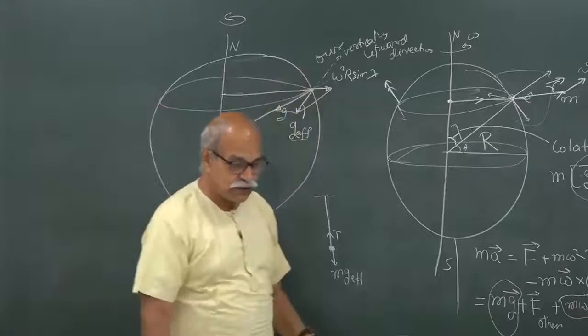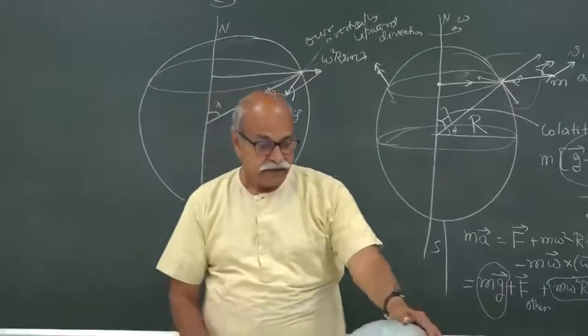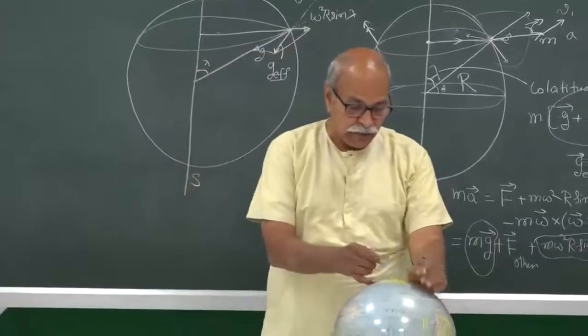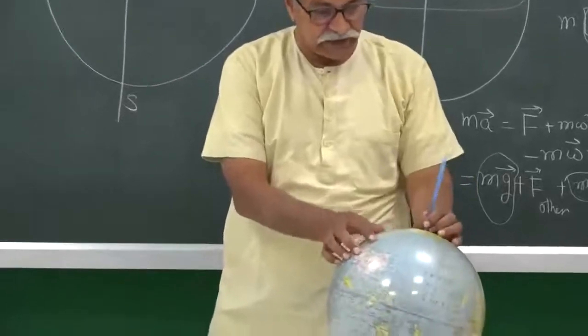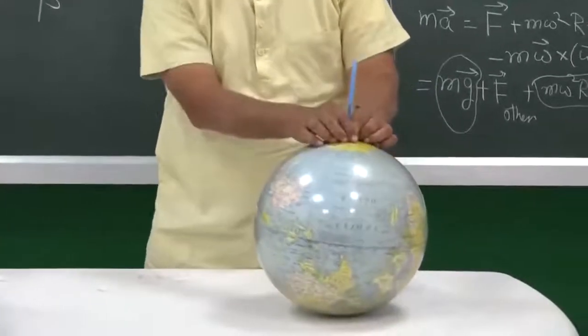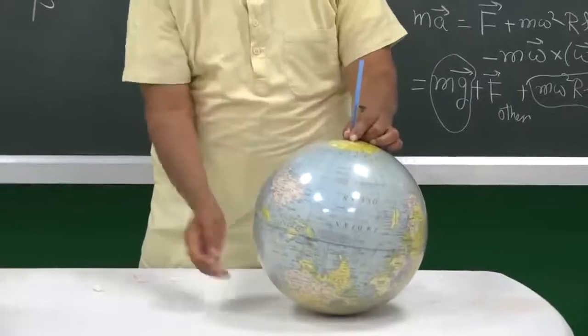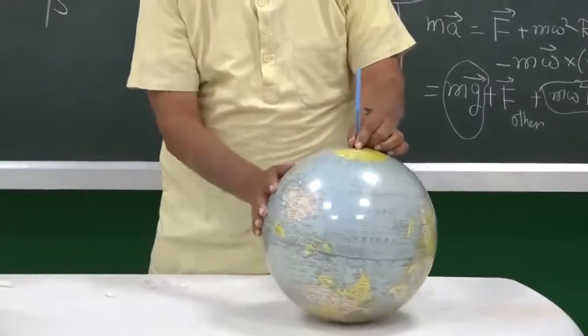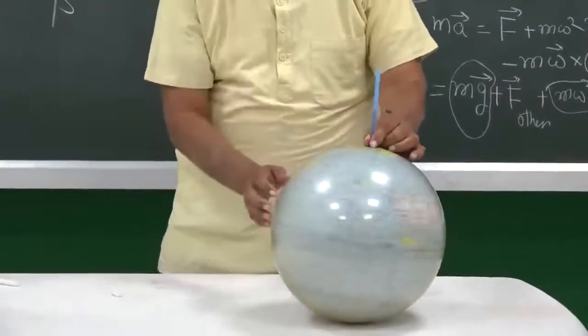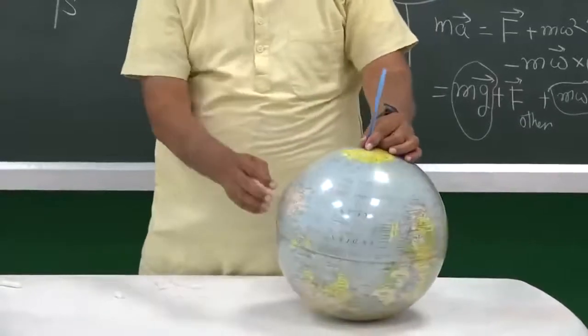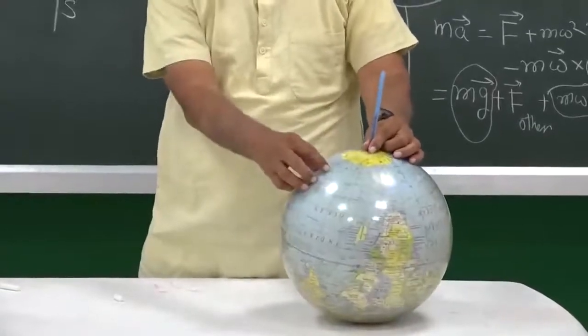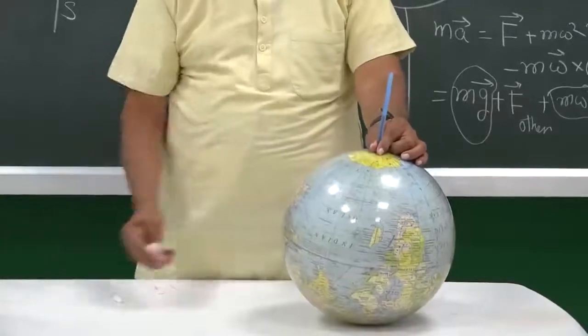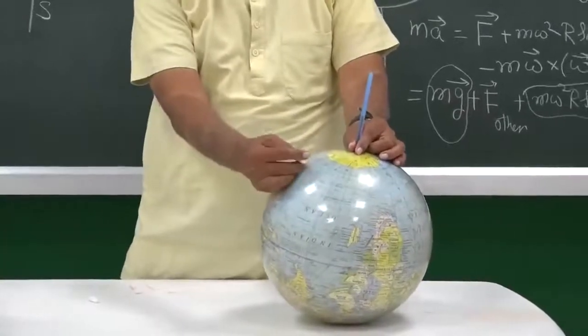If I show you on the globe, suppose this is our earth, this is the axis of rotation, north pole of this earth, south pole of the earth, and then this earth is rotating about this, and suppose our laboratory is somewhere here. So, what is vertical?